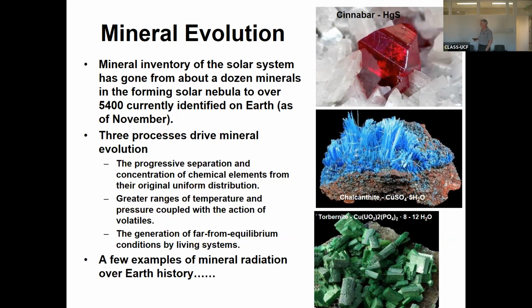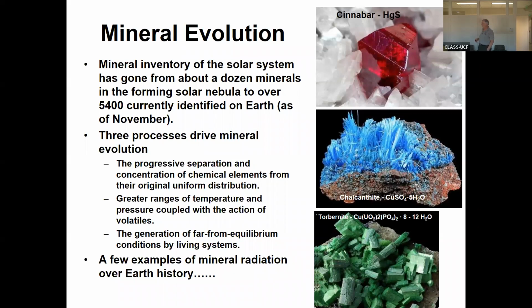And 3 processes drive this evolution. That's separation and concentration of chemical elements from their original uniform distribution; greater ranges of temperature and pressure, along with the availability of volatiles; and then the generation of far-from-equilibrium conditions, usually by living systems.